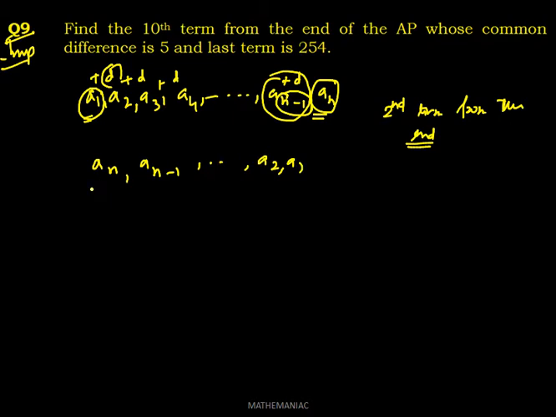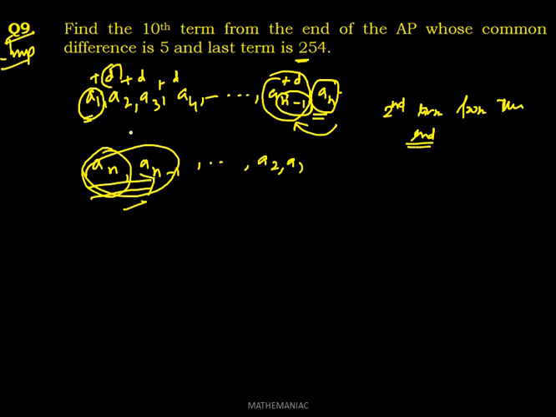And then you see, if you find the second term from the beginning of this particular AP which is written in the reverse order, that is nothing but the second term from the last. In this AP, the last term of the given AP becomes the first term of the reversed AP. That means if I try to reverse this, this will become the first term.